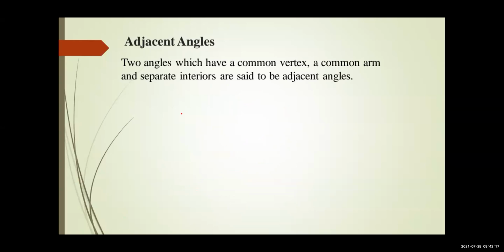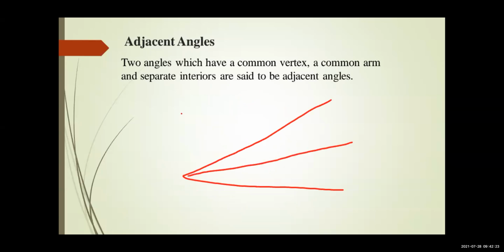Now I just want to ask you, I will draw one angle and you are going to tell me the names. L, M, N, O. Okay. Now in this angle, tell me the two angle names.